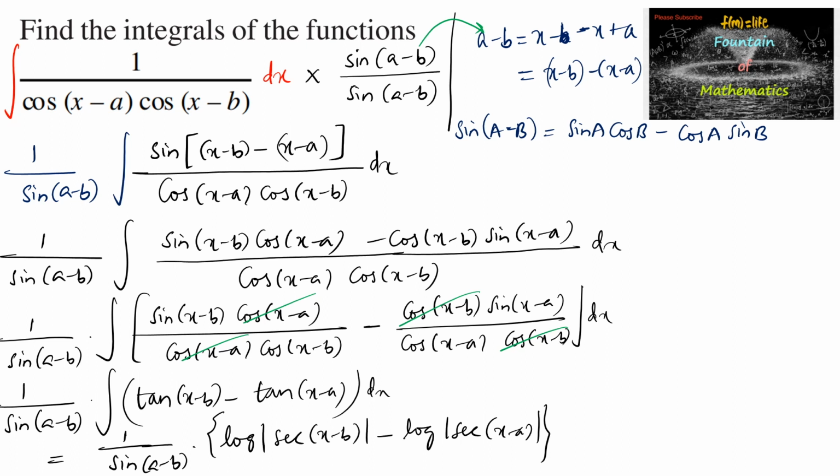So further simplifying, you can get 1 upon sine of a minus b into log, where log a minus log b is log a by b.